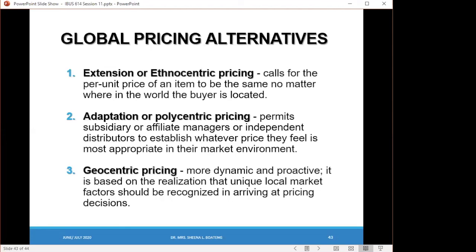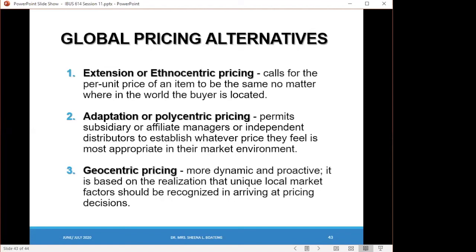So you are looking at all the unique local markets generally across the globe and letting that guide you to formulate a pricing strategy that helps you to concentrate your pricing within specific geographic settings, and let that guide how you offer the products for sale within those particular settings. And that's what we call geocentric pricing. So it's dynamic and proactive depending on the geographic region that you're operating in.